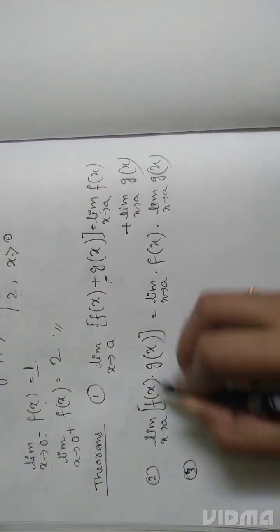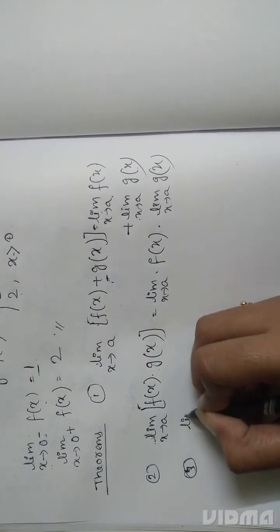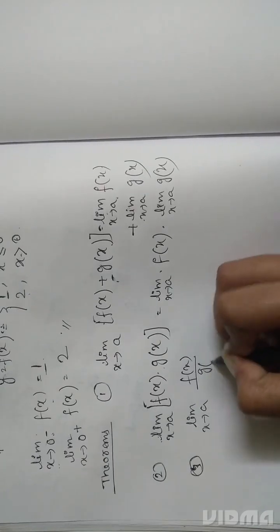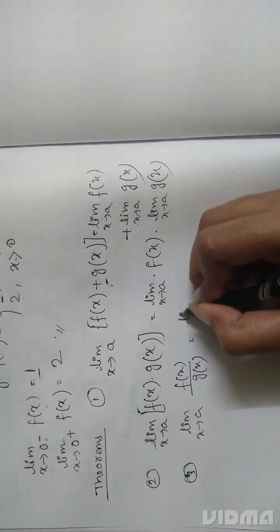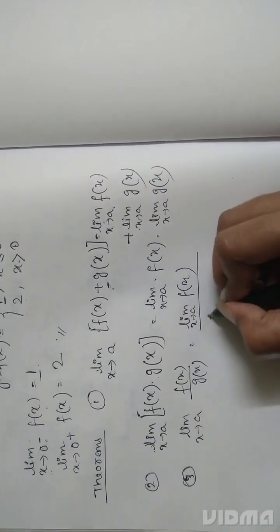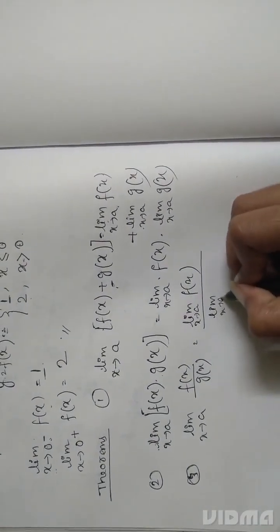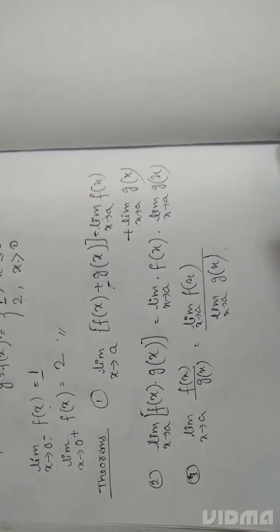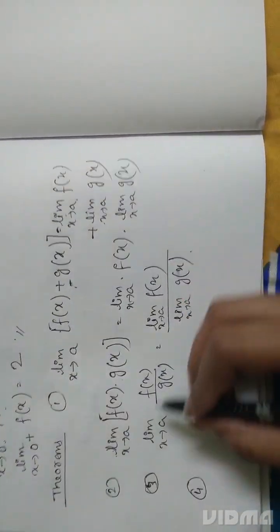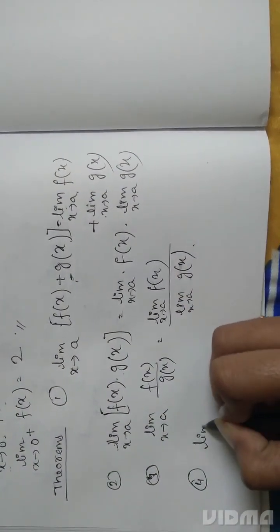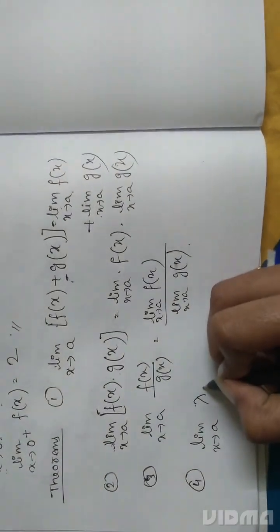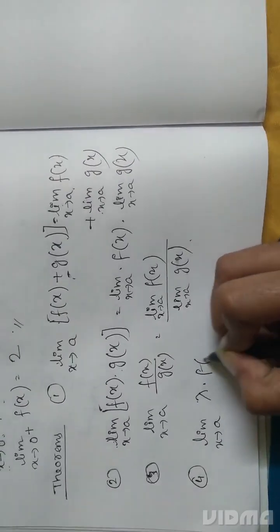In case of division, we will divide both the limits, limit x tends to a, f of x by g of x. Fourth rule is limit x tends to a, lambda into f of x.